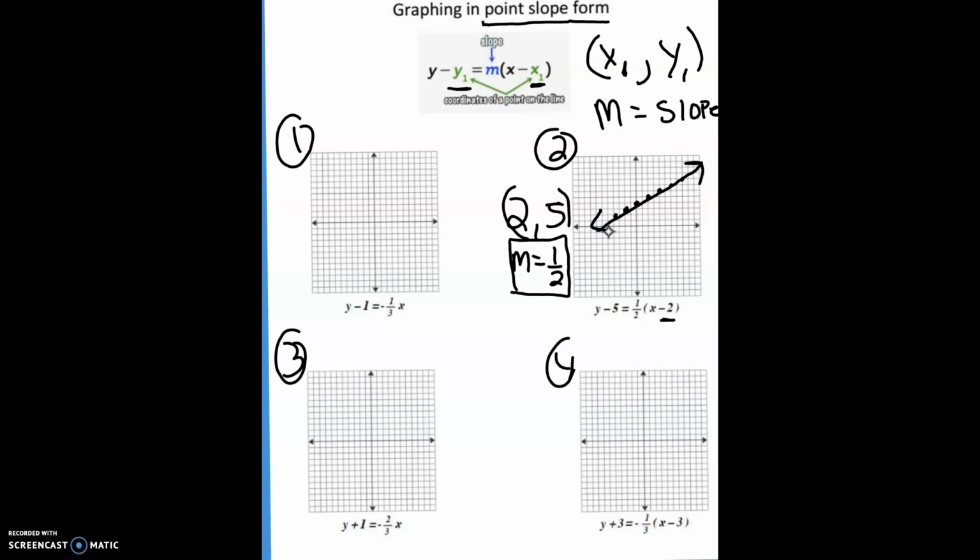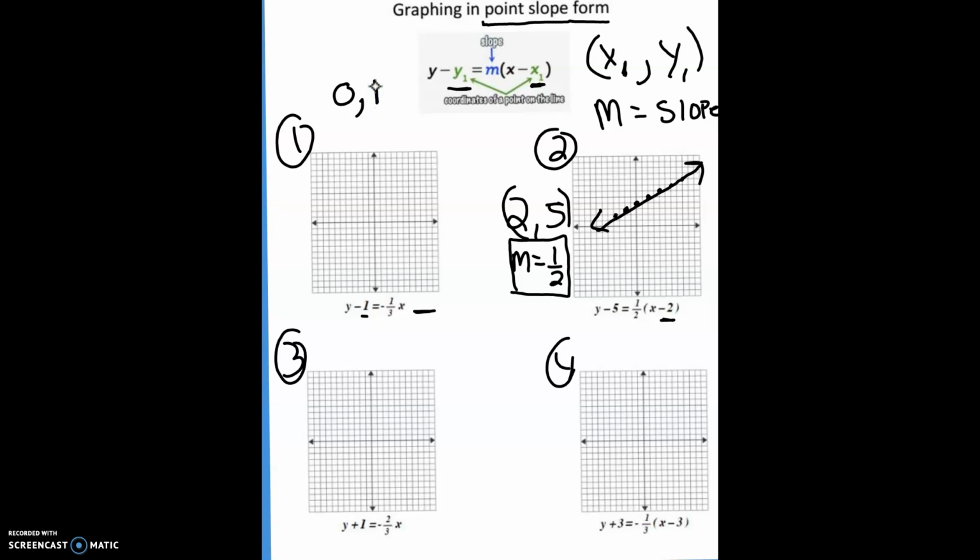Okay, let's take a look at number 1 now. You'll notice there's nothing here. So what that is telling you, if there's nothing there, then my x point is going to be 0, and my y point is 1.